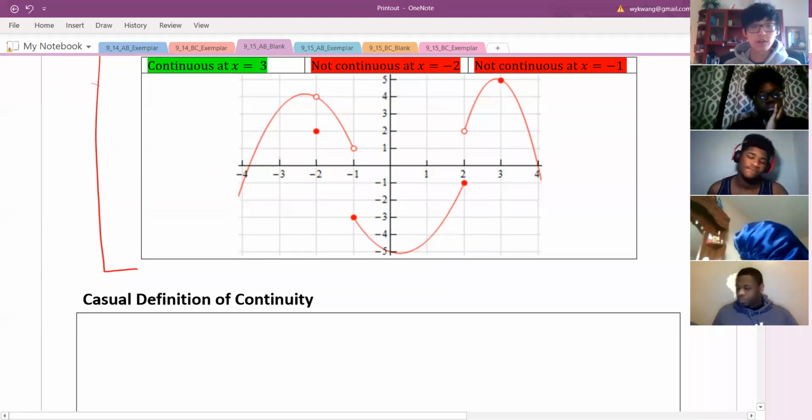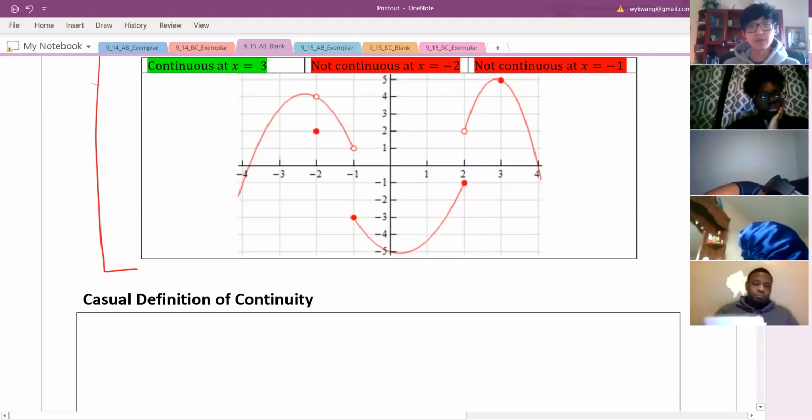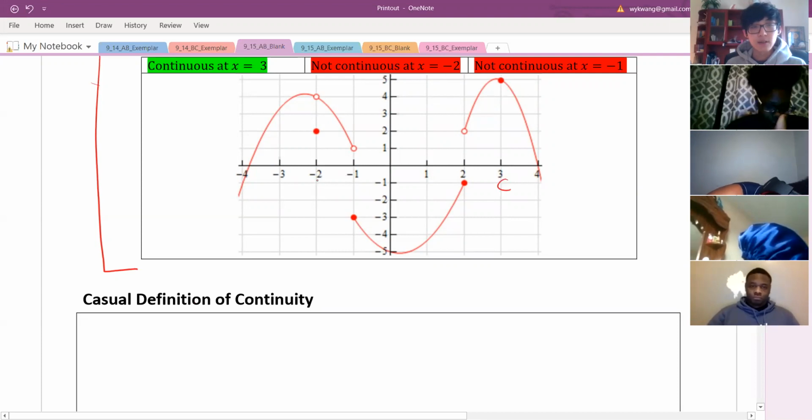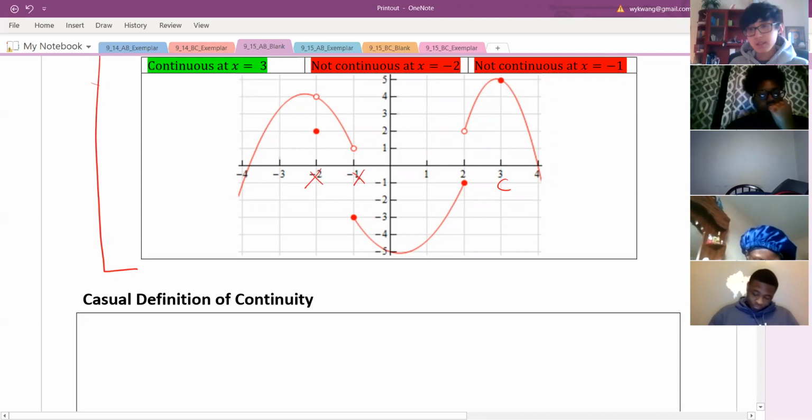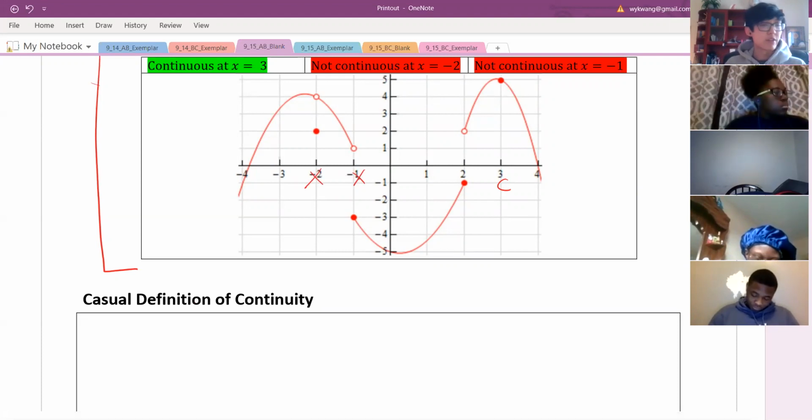But right now we're just looking at it like if you were to try to explain to someone what continuity looks like, what do you think it would look like? You can use this graph as reference. This graph specifies that it is continuous here, but it is not continuous at -2 or -1. So again, 2 minutes, please begin now and come up with your own casual definition of continuity.